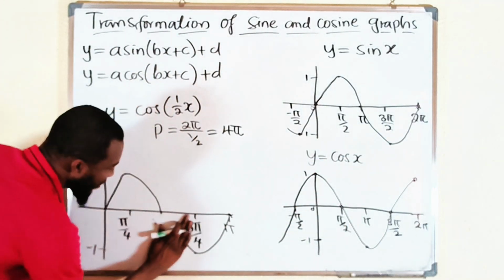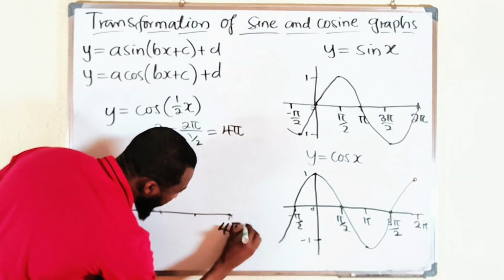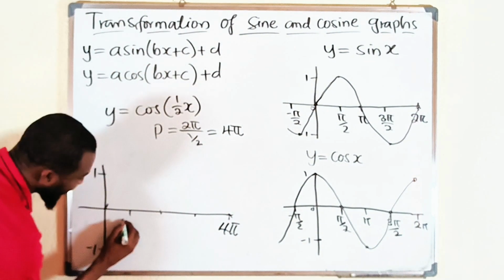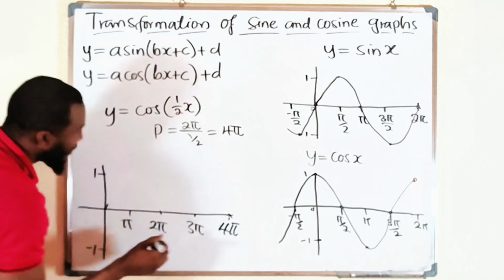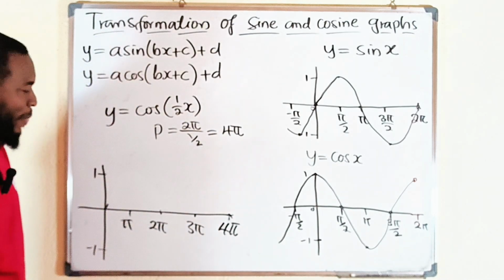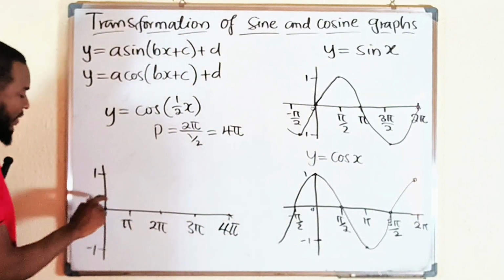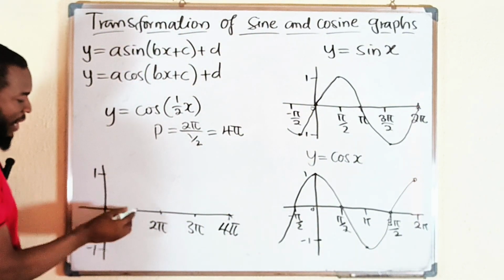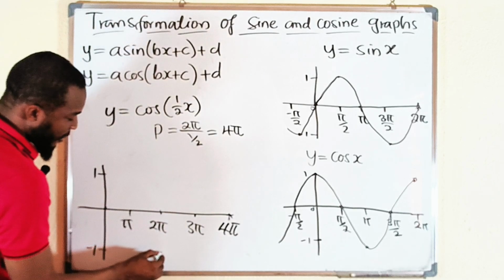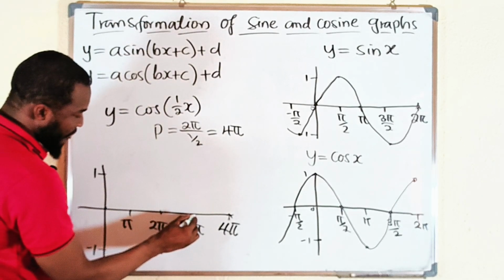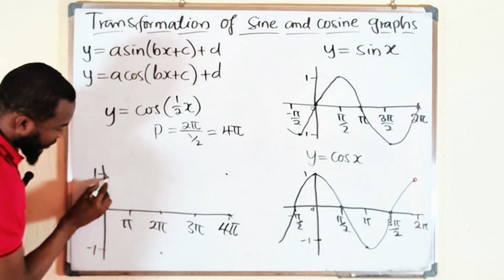So let me see. So this will be 4 pi. Divided by 4, you have pi, 2 pi, 3 pi. Right? Remember, this is cosine. So the period is now 4 pi. It starts at maximum, down to 0, down to minimum, up to 0, and maximum, something like this.